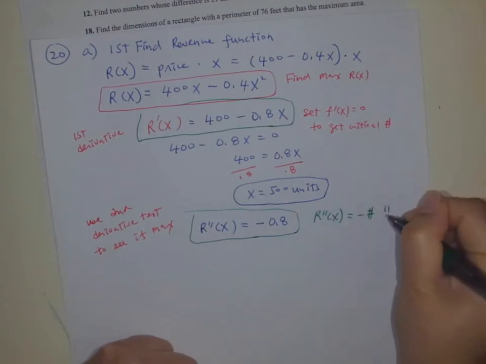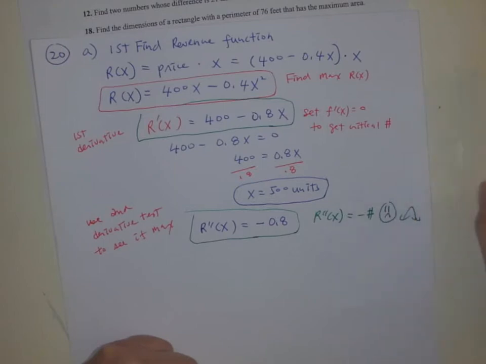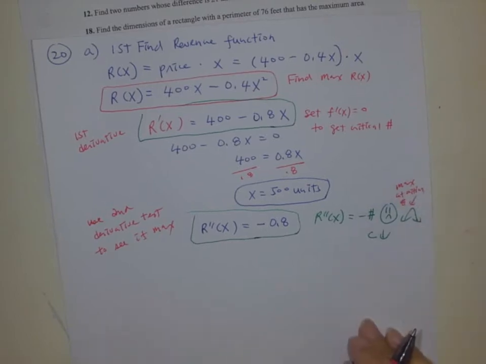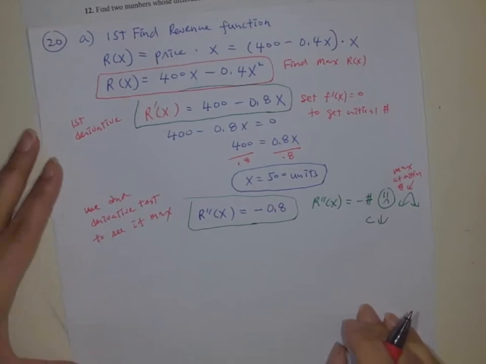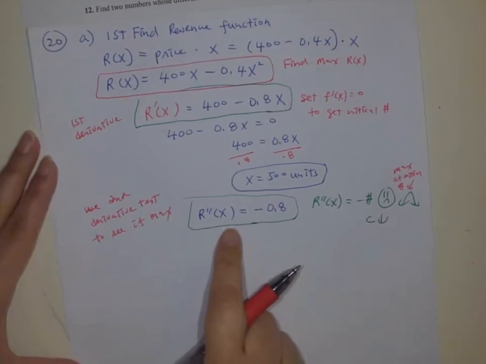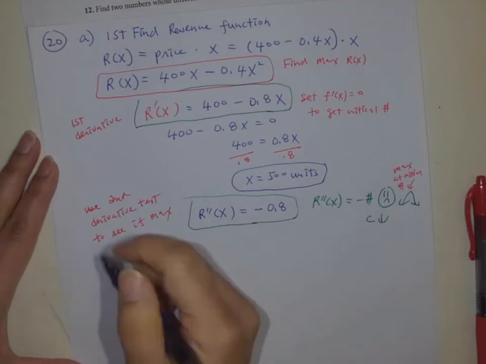Negative people are always upset, so the graph is going to be concave down. And when you have a concave down graph, this means you have a maximum value at the critical number, x equal to 500.